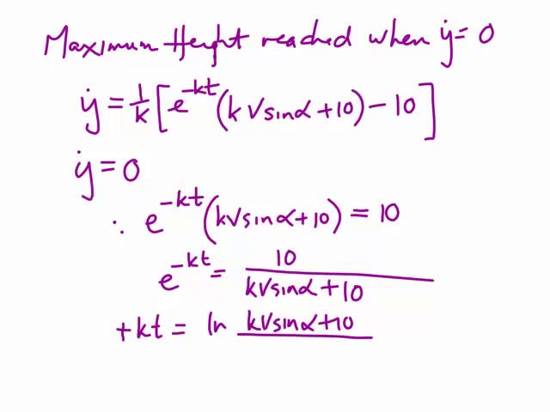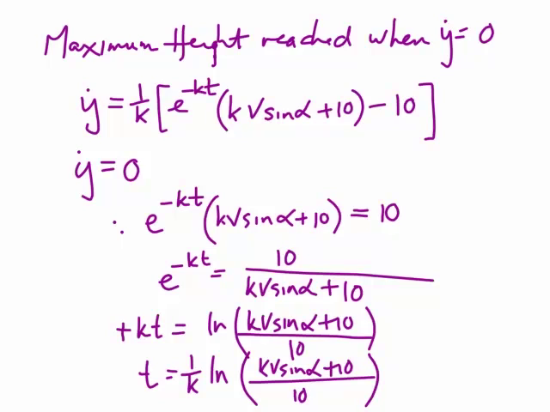The time is just 1 on k times ln of kv sine alpha plus 10 on 10. That is the time it takes to reach its maximum height.